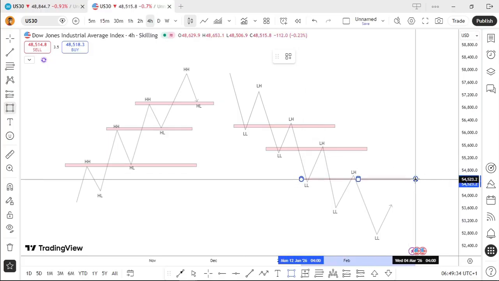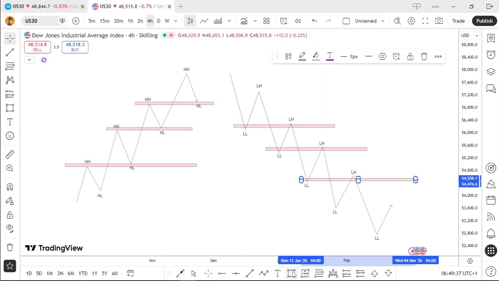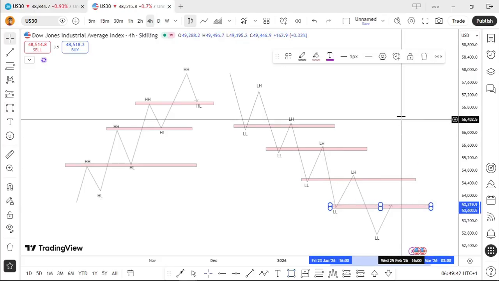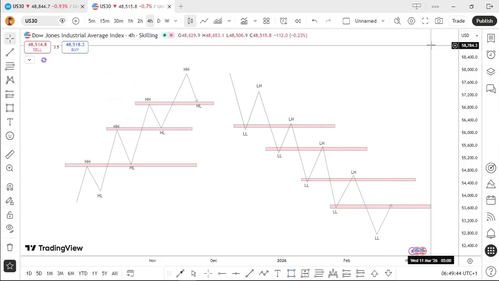This is a structure point. And this is a structure point. So this is market structure. The market moves. Those places of higher highs and higher lows and lower lows and lower highs, those are structure points. So basically, this is what market structure means.